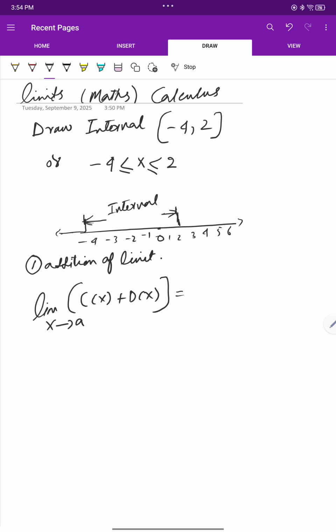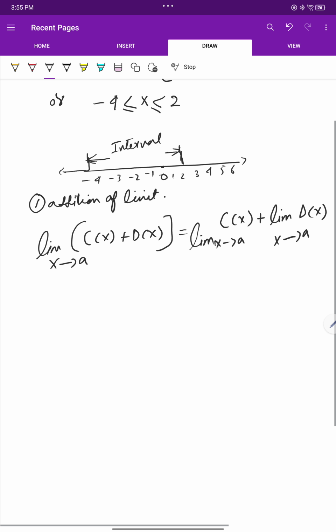We have two functions, c(x) plus d(x), and the limit will apply to each individual function like this: limit x tends to a of c(x), and then add limit x tends to a of d(x). So this is the addition.